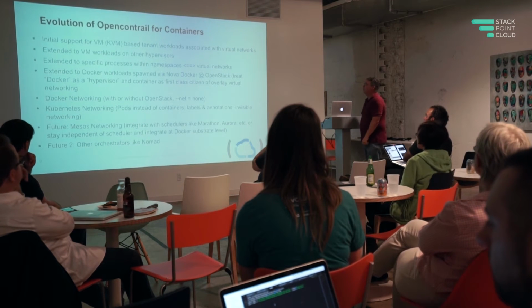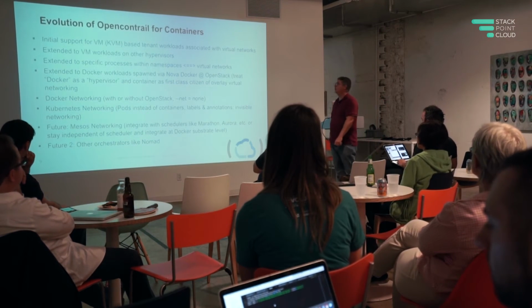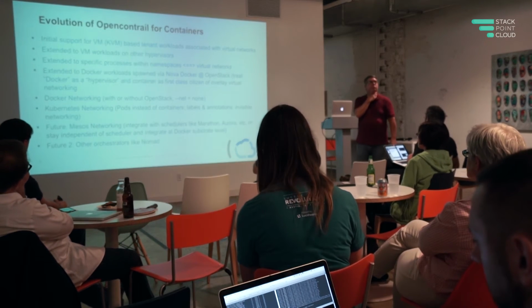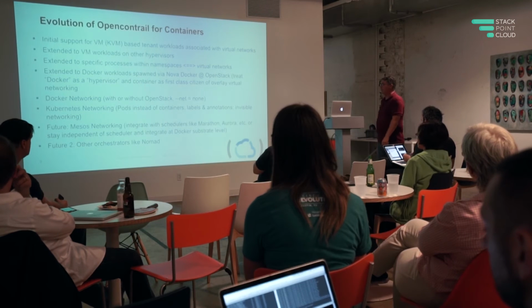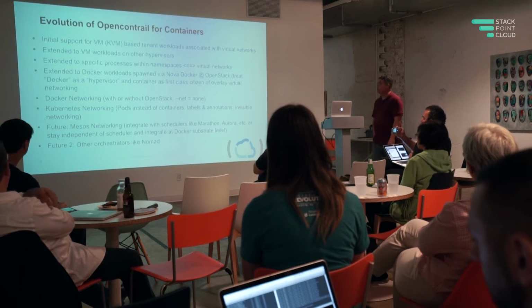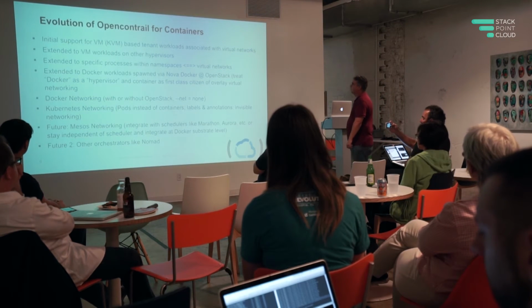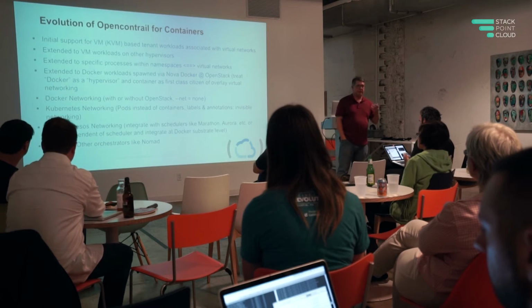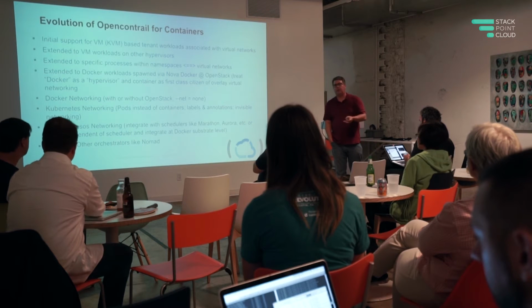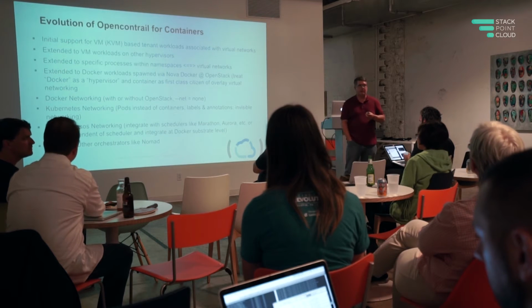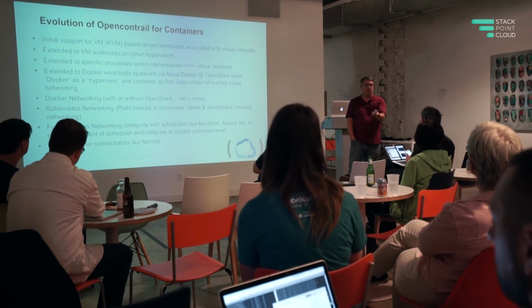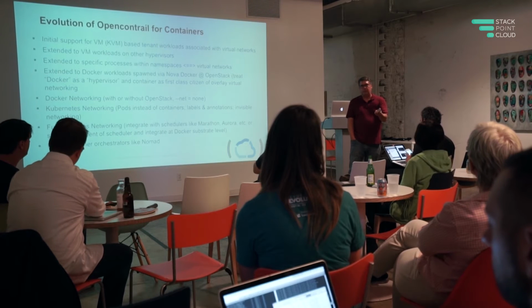So now the evolution of Contrail as it pertains to containers. When we started on this journey three or four years ago, the initial support was for KVM and VMs. But what was nice about the architecture with Contrail is that we could easily extend it to other workload types, right? Because we're connecting a port, and on KVM with a VM, a port is a tap.